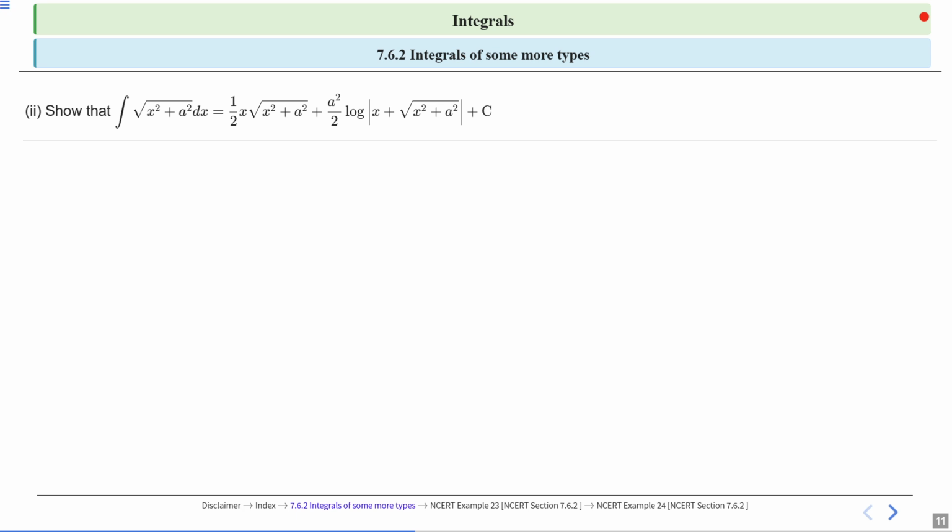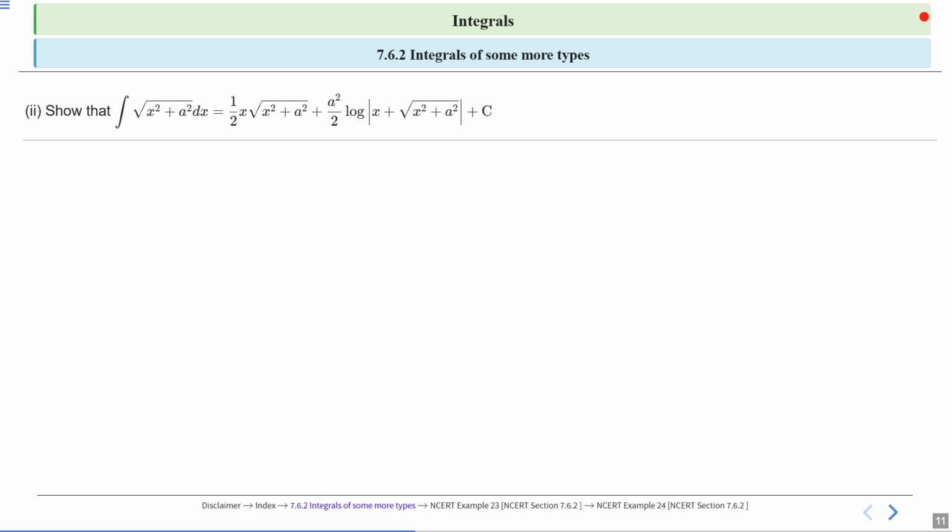Now the second special case is integration of root under x square plus a square dx is x by 2 root under x square plus a square plus a square by 2 log mod x plus root under x square plus a square plus c. Okay. So again we use the by parts method to derive this formula. So why do we need to derive this formula?